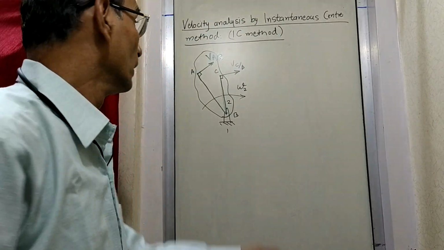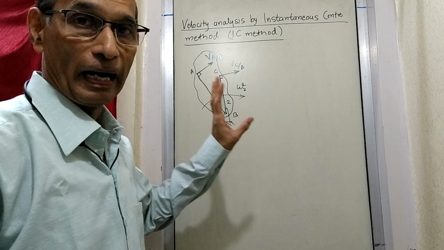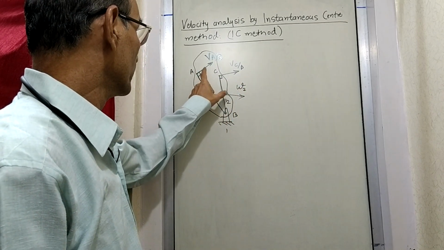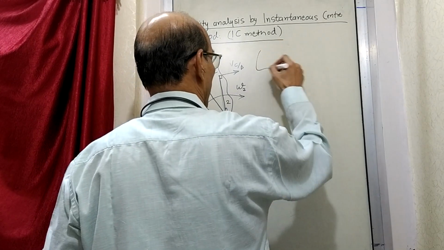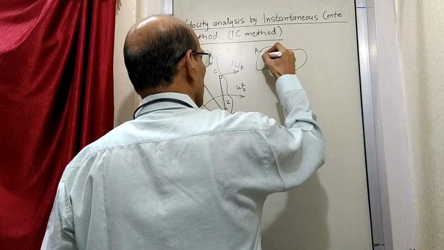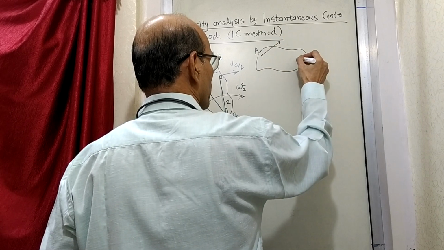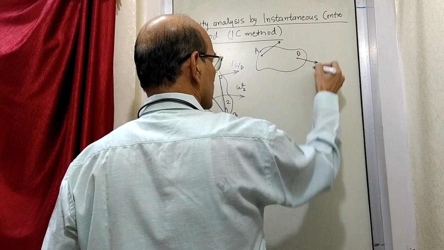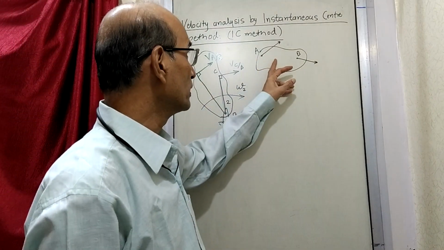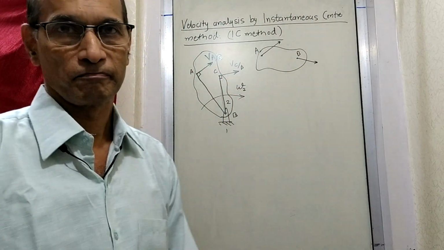Now suppose you are given a body like this, and you are given that this is point A moving like this, and there is point B here moving like this. Then this particular link is rotating about which point?